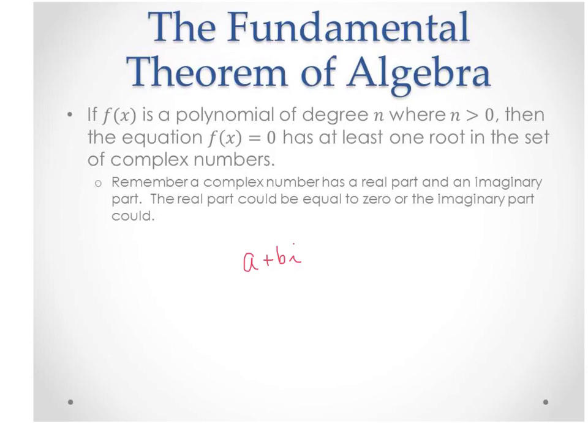But if a is 0, then you would just have an imaginary part, and that's a complex number. At the same time, b can be 0, and you would just have a real part. So just because it says a complex number, it doesn't mean it has to have an imaginary part. It could just have a real part.